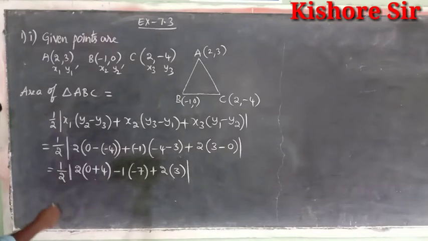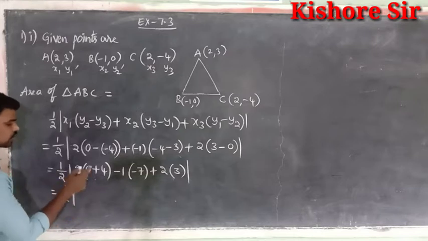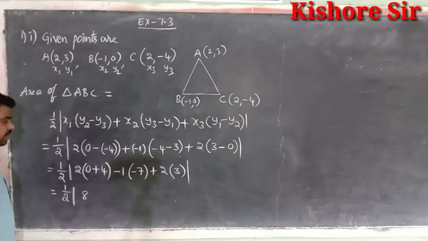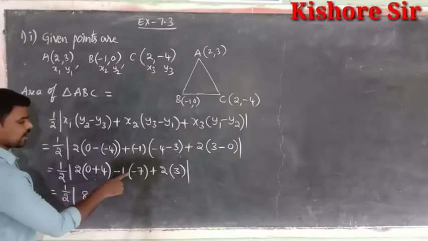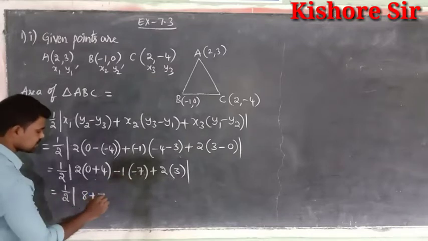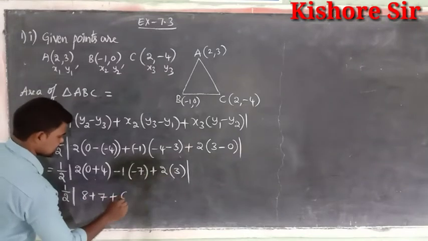That is equal to 1 by 2 modulus 0 plus 4, 2 4s are 8. Next minus into minus plus 1 into 7, 1 7s are 7, plus 2 3s are 6.